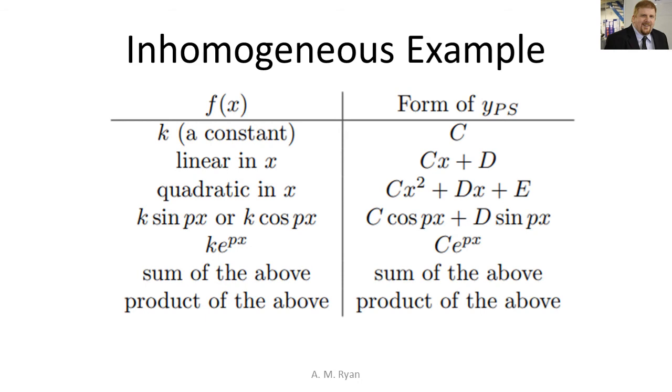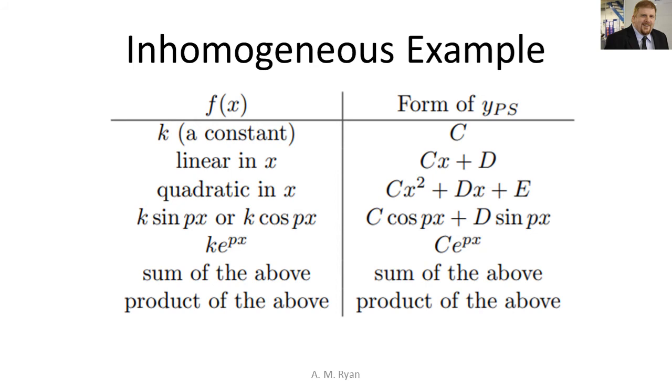So our particular integral is going to be in the same form as the right hand side of the equation, but we don't know what the numbers are. As it's 2x plus 3, a linear equation in x, our first guess, or our trial solution, is going to be cx plus d.